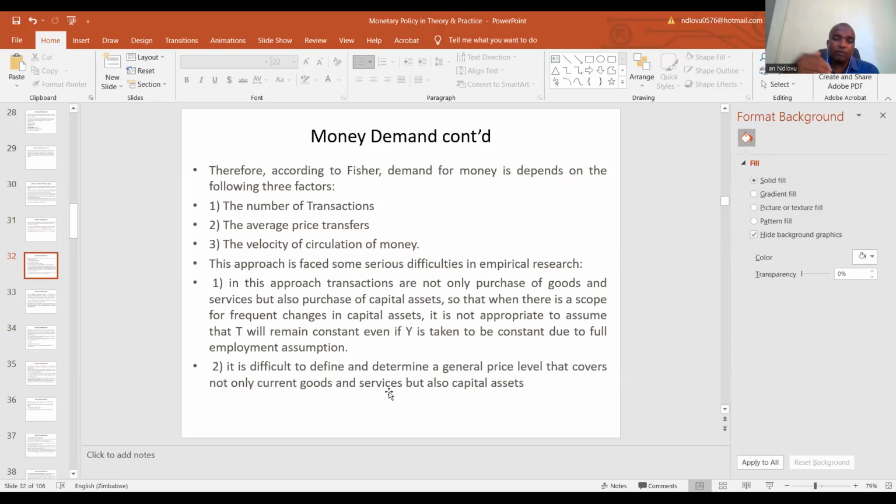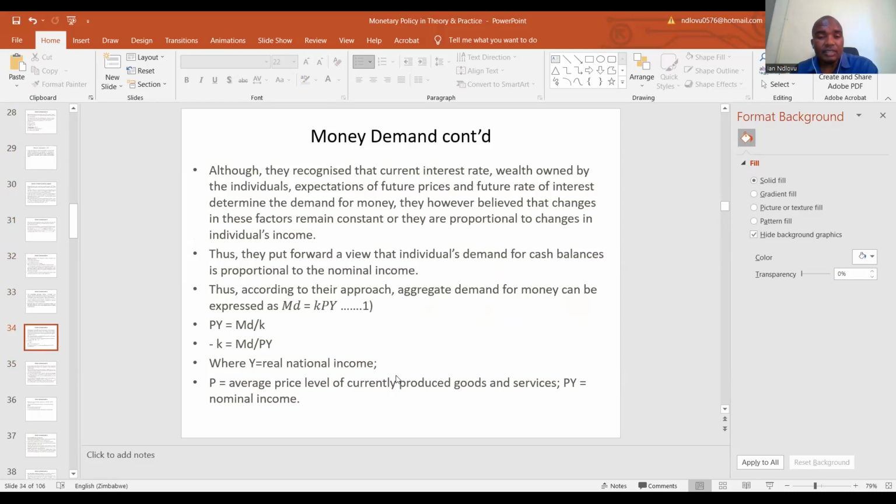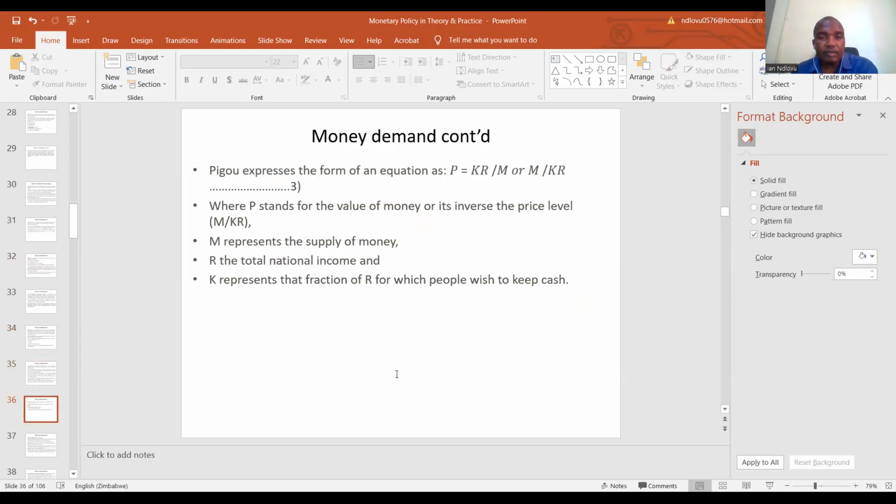So we go a step further than just relating cash holdings in an economy to the general price level, which is an index of inflation, to relating money holdings to the nominal level of national income in an economy.